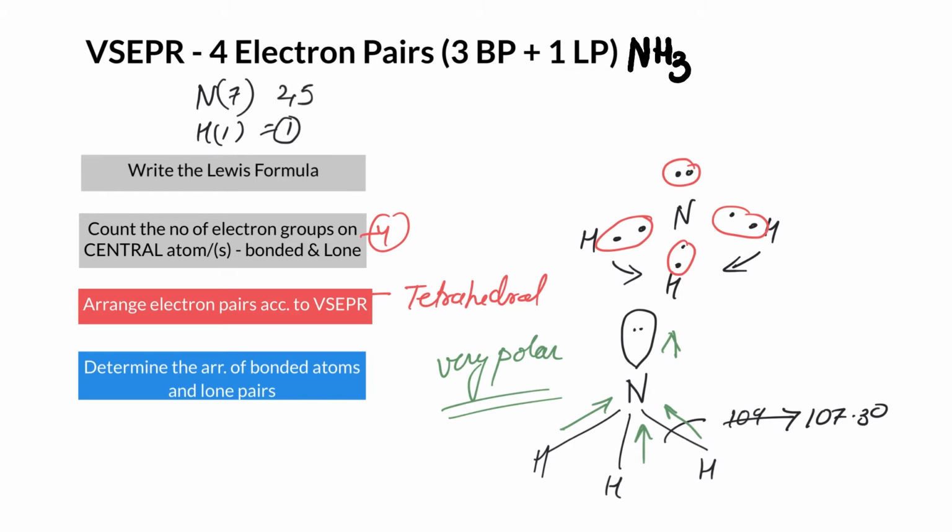Now you must name this shape. So this shape is called trigonal pyramidal. Remember, we are naming this only for the molecule. The electronic geometry is still tetrahedral, but the molecular geometry is trigonal pyramidal.